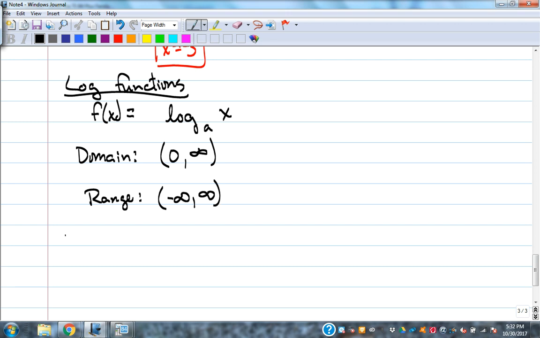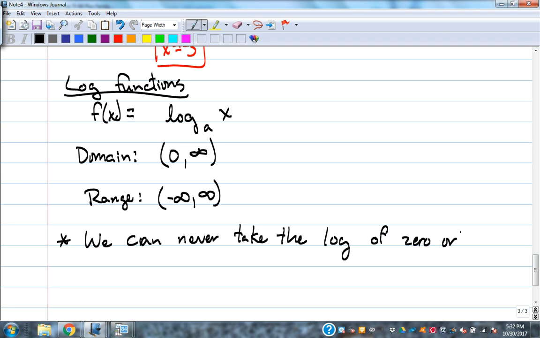So, key things to note about that. We can never take the log of 0 or a negative number, no matter what the base is.